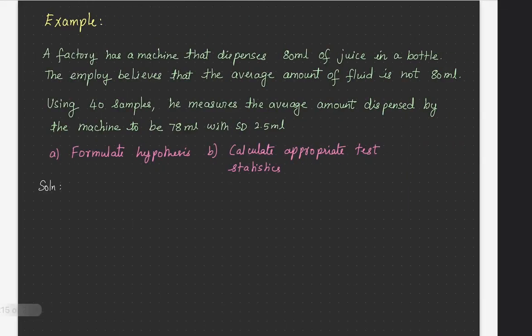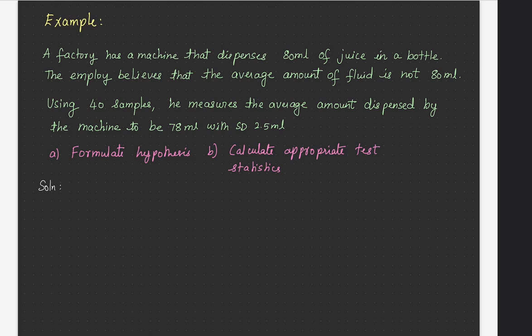Look at this example. The question here is to formulate hypothesis and calculate the appropriate t statistic. A factory has a machine that dispenses 80 ml of juice in a bottle. The employee believes that the average amount of fluid is not 80 ml. This example is quite similar to the previous one.